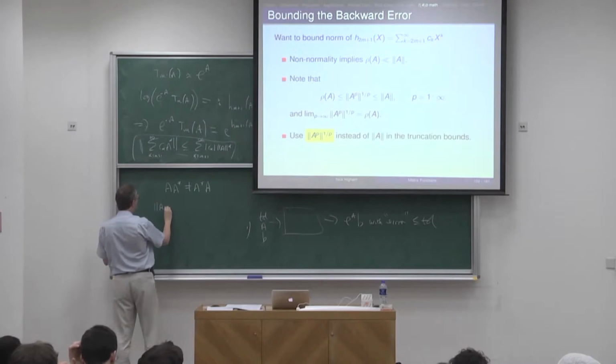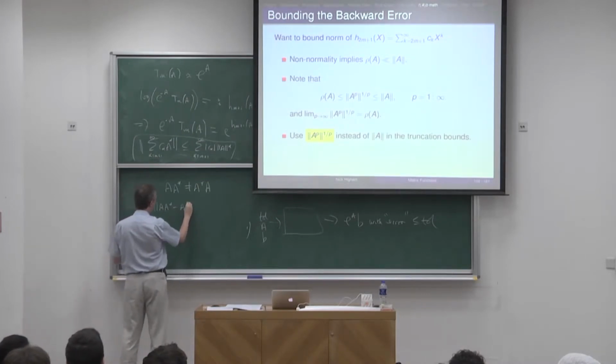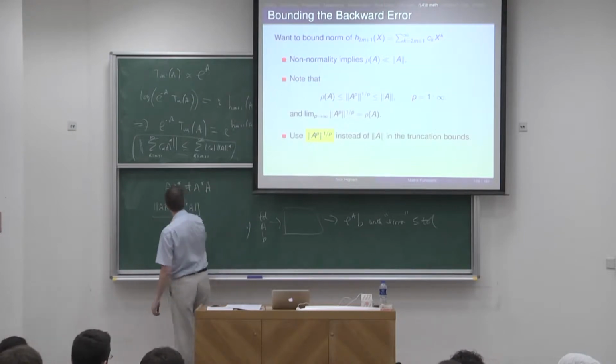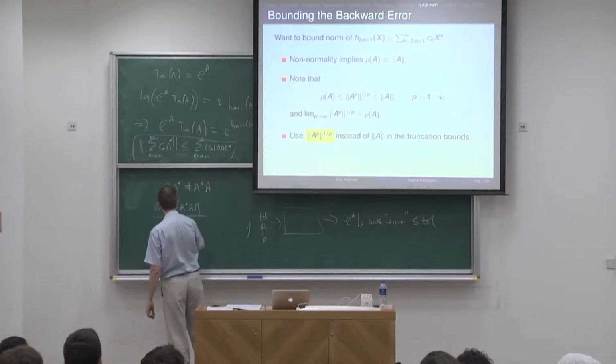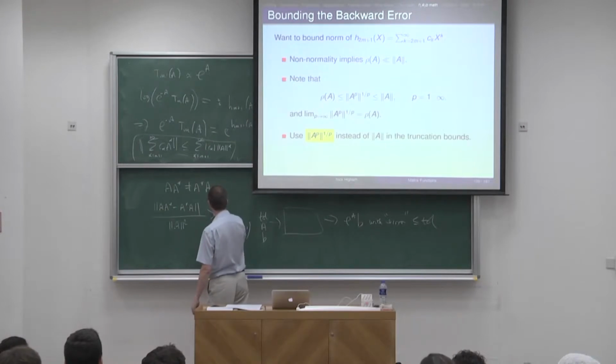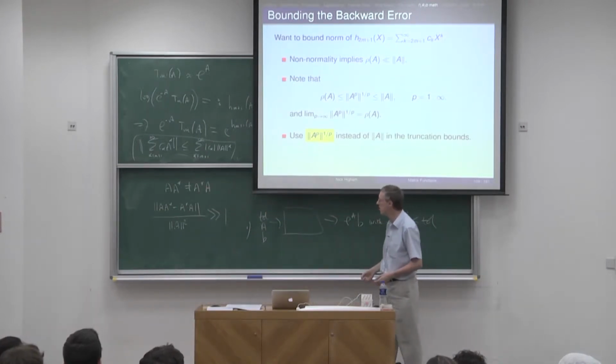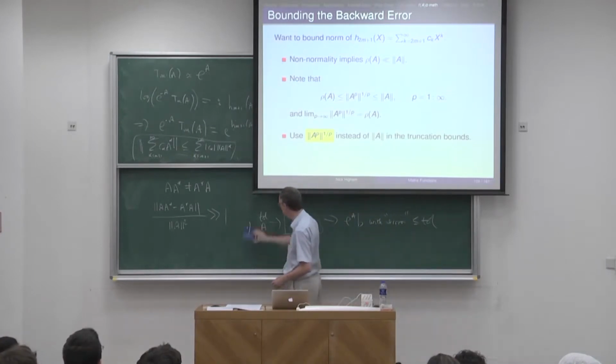So one measure of non-normality would be to look at the norm of the difference. And I suppose you'd have to scale it for this to make sense, maybe divide by norm A squared. And if that's much bigger than 1, you could say A is somehow very non-normal. So that would be one way of characterizing non-normality.